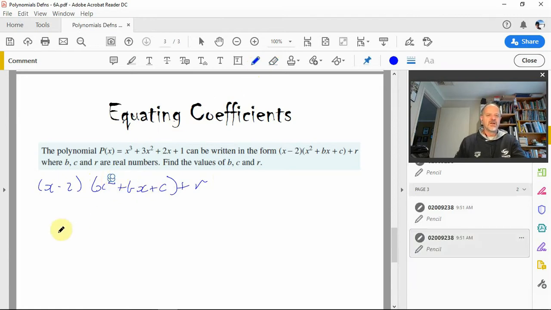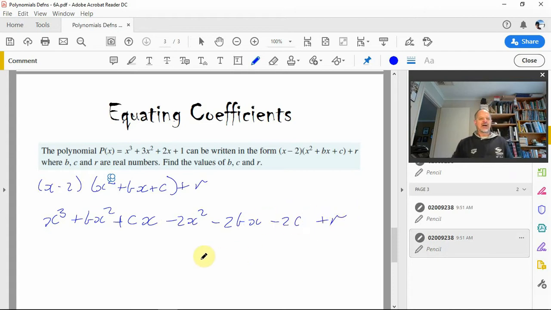All right, x times x squared is x cubed. x times bx is bx squared. x times c is cx. Then minus 2 times x squared is minus 2x squared. Minus 2 times bx is minus 2bx. Minus 2 times c is minus 2c. And then, of course, we've got that plus r.